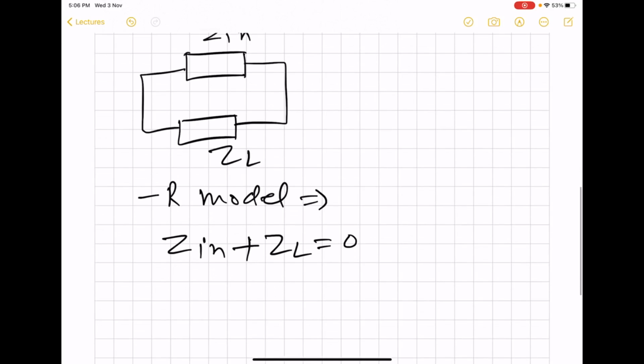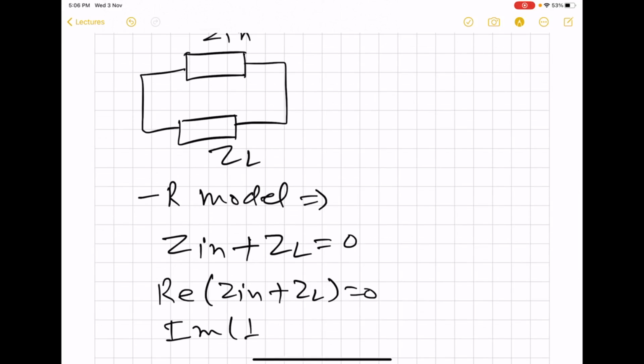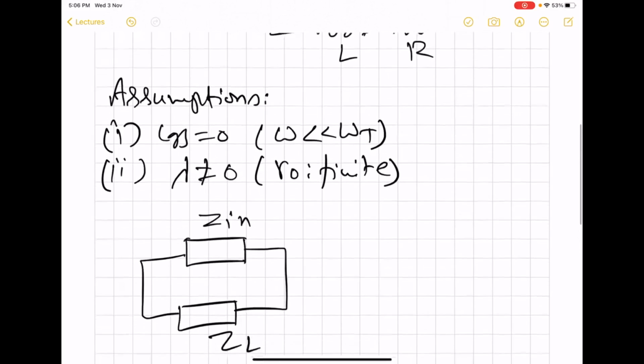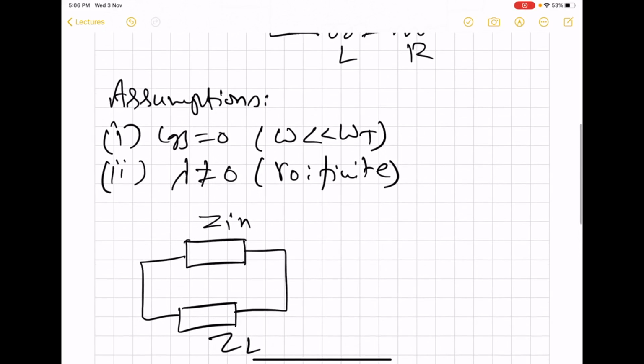So that will give rise to the real part of Zin plus ZL is equal to 0, and the imaginary part of Zin plus ZL should be equal to 0. So here I have labeled one of the impedances as Zin, the other as ZL.